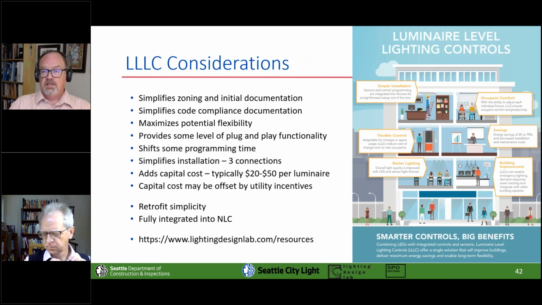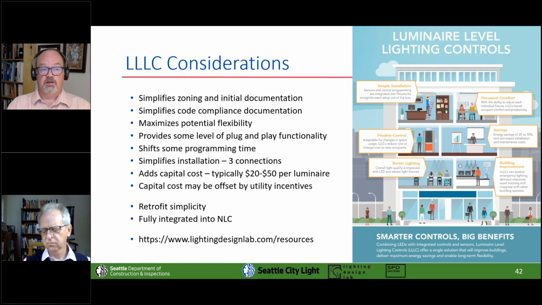So some of the key things with respect to luminaire level lighting controls, you can go to the resources page here and you can see some of the specific information. But the key thing here is that it maximizes flexibility. How?